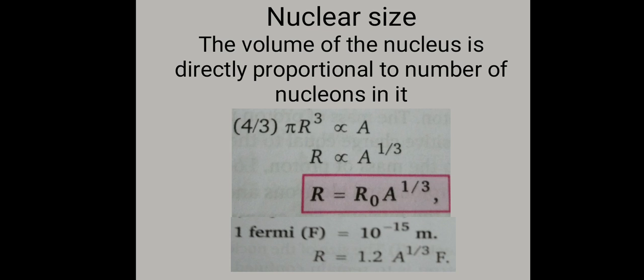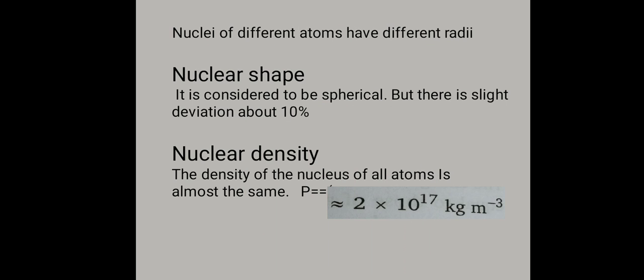This 10 raised to minus 15 meter, we can write as Fermi. 1 Fermi is equal to 10 raised to minus 15 meter. So we can write R is equal to 1.2 A raised to 1 by 3 Fermi. From this calculation, we can say nuclei of different atoms have different radii.